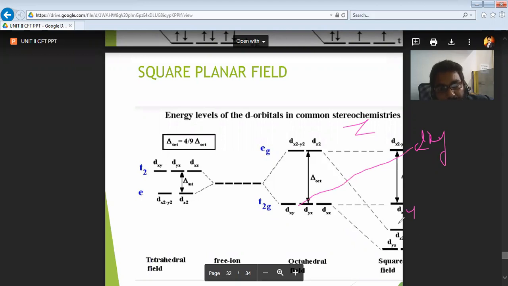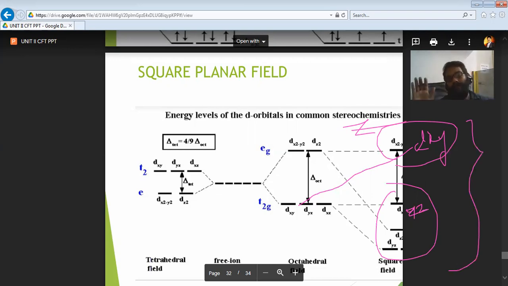The remaining is the lower state: yz, xz. These three are lower energy and these two are higher energy. Why? Because the z-axis is absent. That's why we draw the diagram like this. That is the important part of the structure.